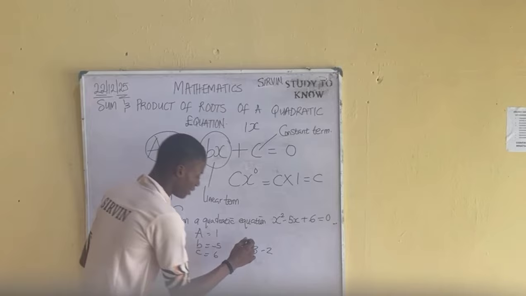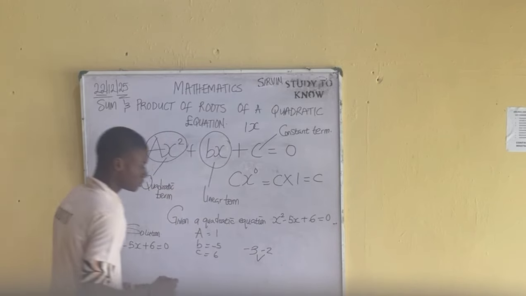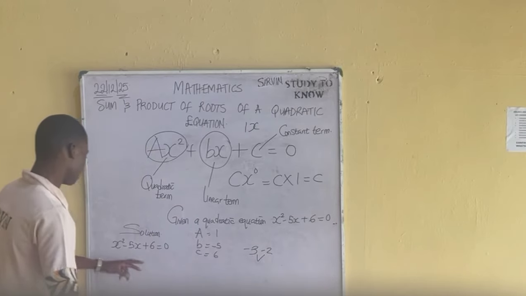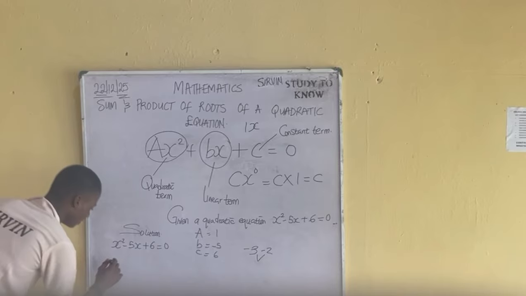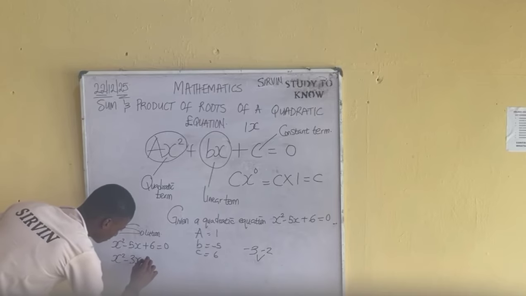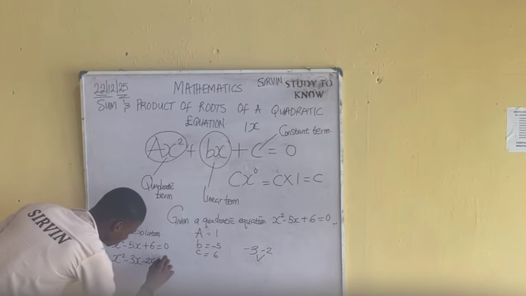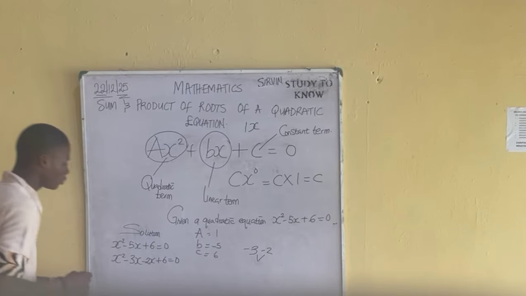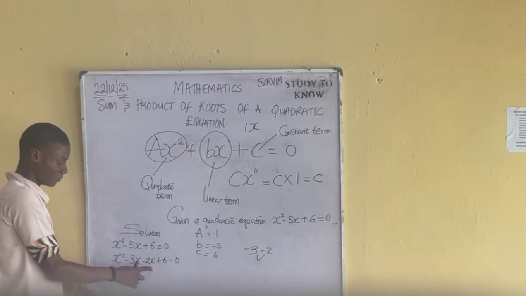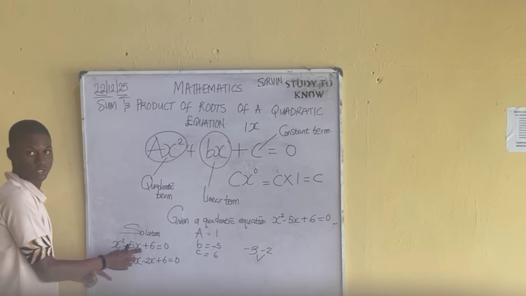After getting the two values, we substitute them in the linear term. So we'll be having x squared minus 3x minus 2x plus 6 equal to 0. Note, after getting the two values, if you add them, you're meant to get this one too.